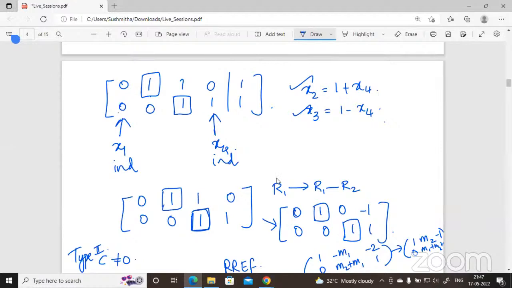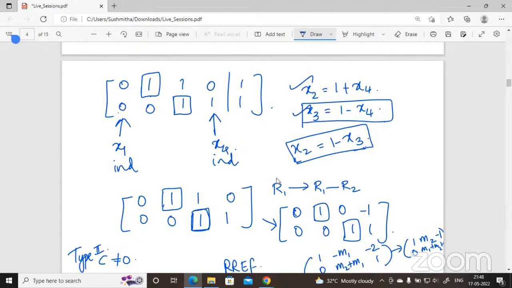I agree x2 is equal to 1 minus x3, but this is not everything. There is one more condition. You are ignoring the fact that x3 is equal to 1 minus x4.